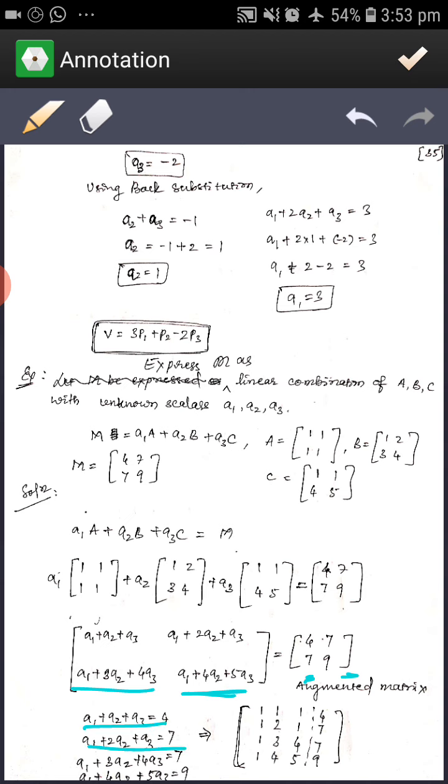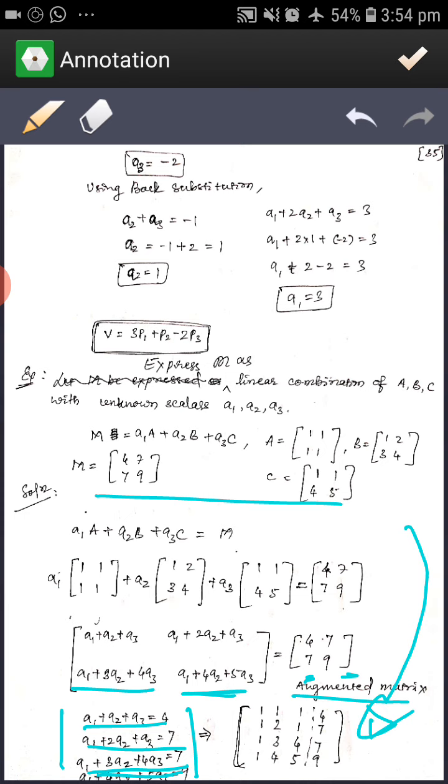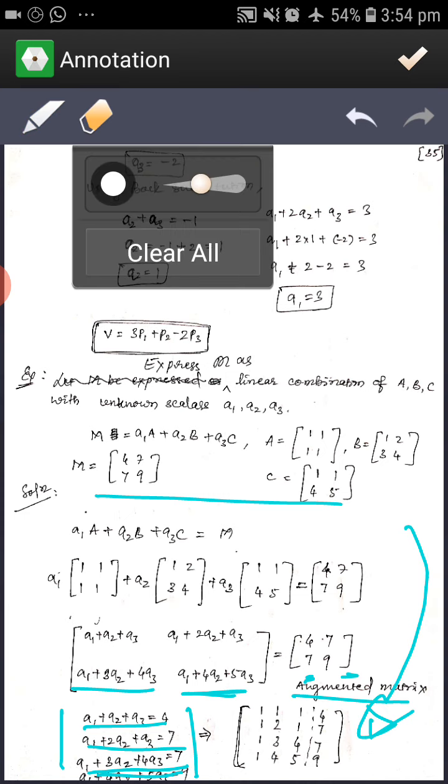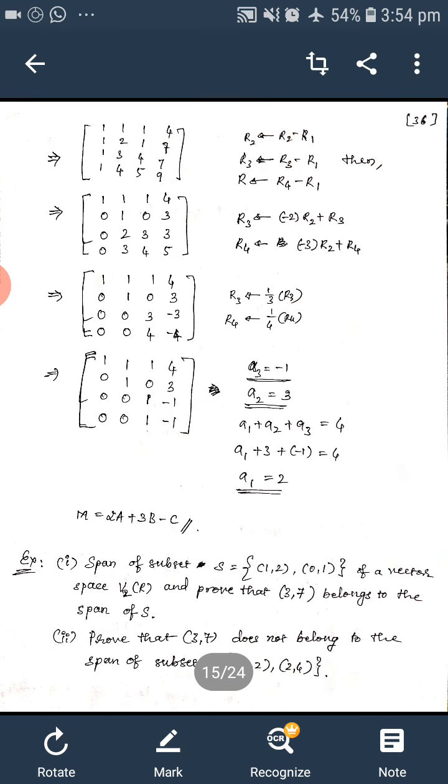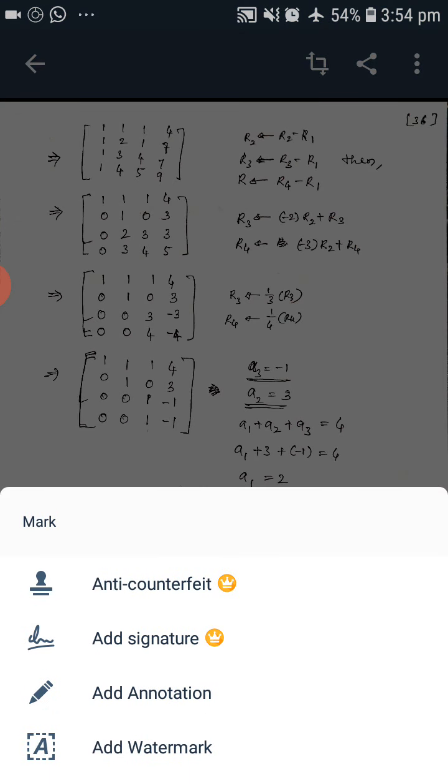So the same 4 linear equations we have written, the same thing is written in augmented format. Whatever the problem is, we need to convert it and write it as an augmented matrix. After converting to the augmented matrix, we apply the same row operations.